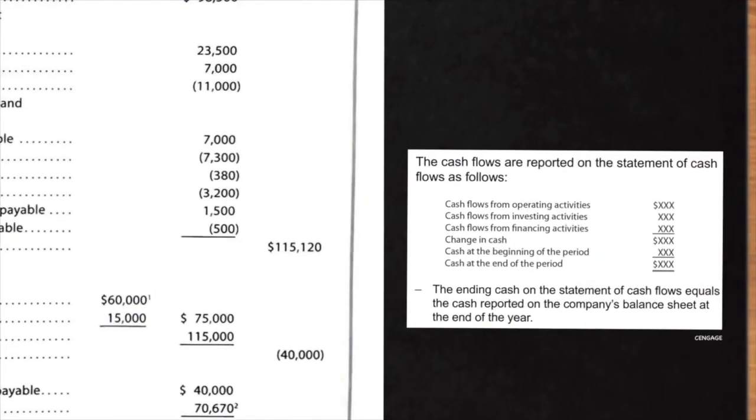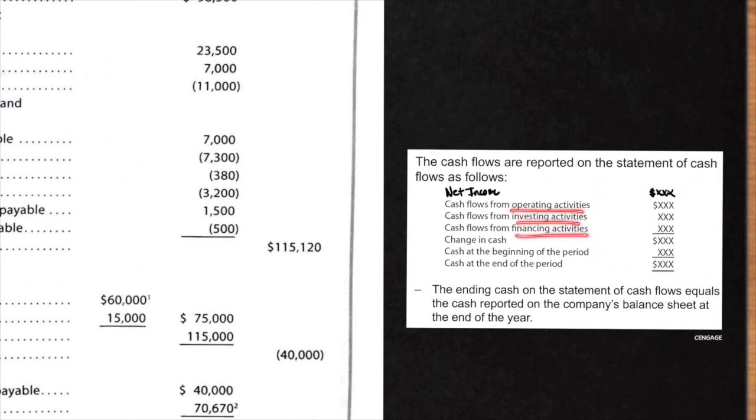This right here is the outline for the statement of cash flows. It starts with operating, then gets into investing, then financing. One important key to note here is under the operating activity section, you always start off with net income. Net income, if you remember, is from the income statement, and the income statement is filled with revenues and expense accounts.